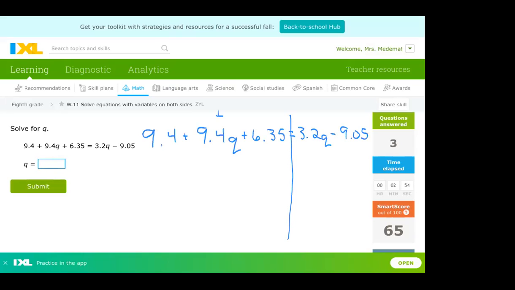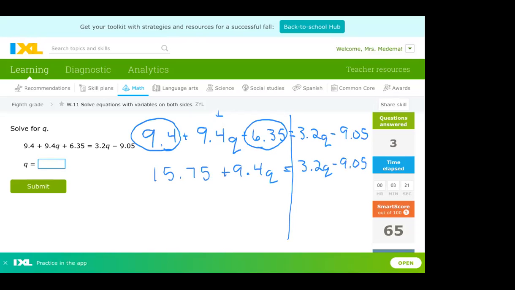All right, so I'm going to combine on this side of the equal sign over here. I'm going to combine the numbers that I see. So I have 9.4 and I also have 6.35. And when I combine them, I now have 15.75 plus 9.4q equals 3.2q minus 9.05.